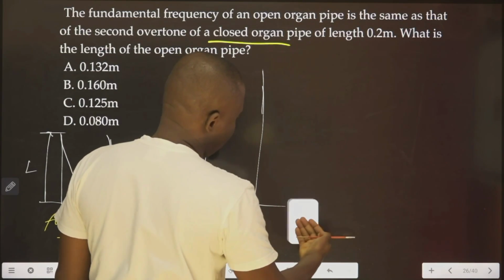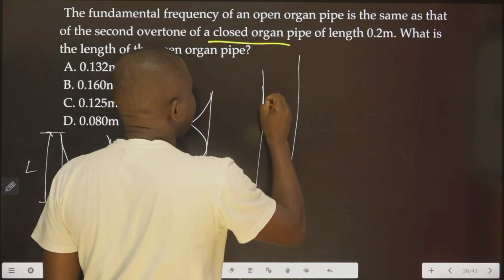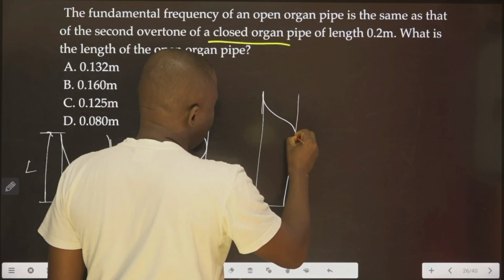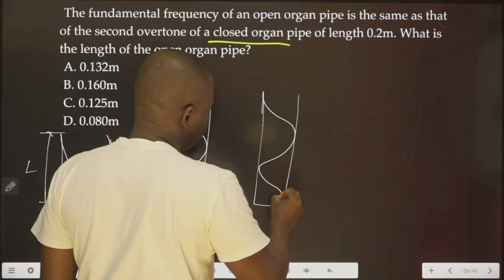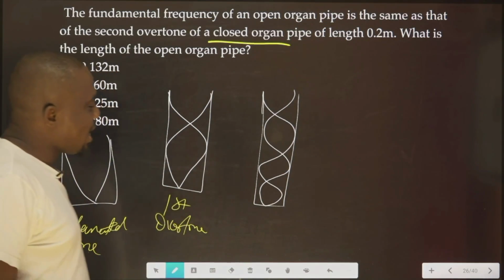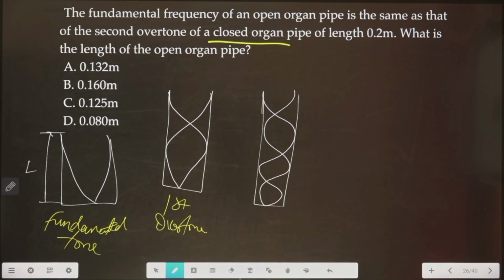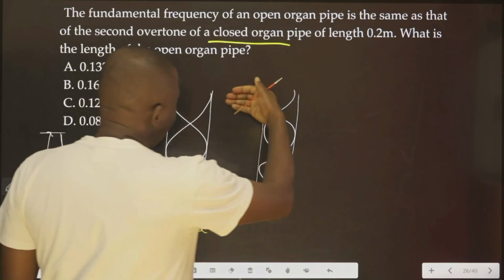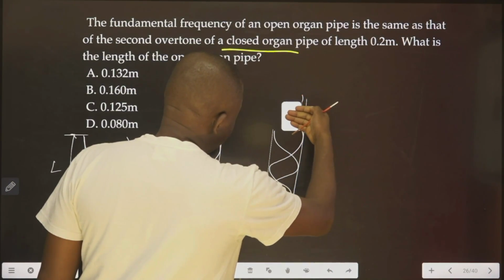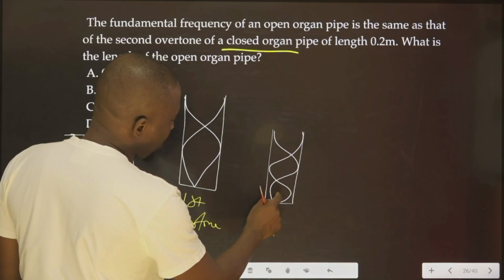Okay, let me make it like this, if I get it right. 1, 2, 3, like this. Come back like this. So you can see how many do we have? We have 3 here. It should be like this. That is 1.